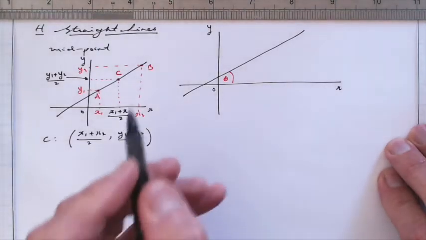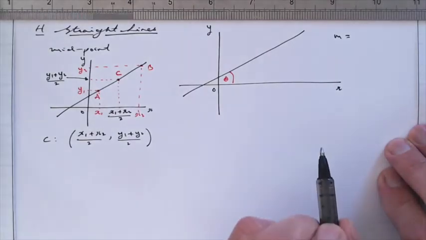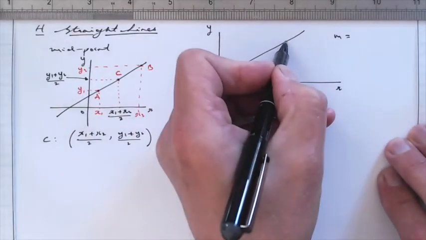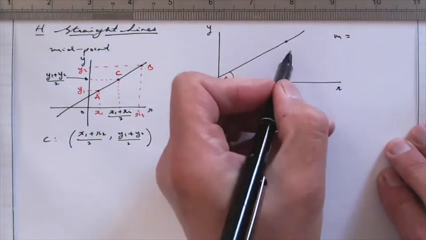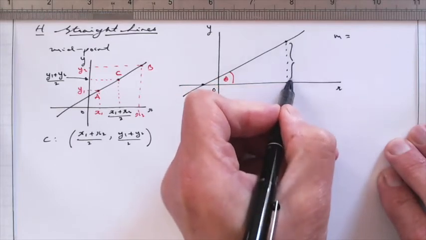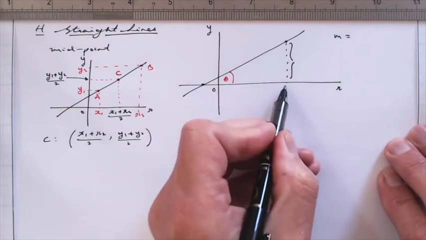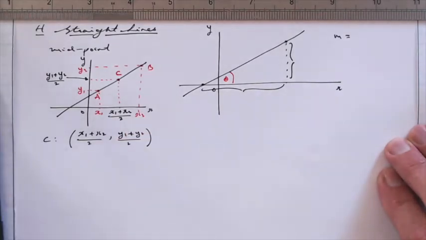Just as a reminder, the slope of a straight line is found by taking any 2 points. Let me just take this point here and this point here. And the slope is the difference in the y values, namely this distance here, divided by the difference in the x values between any 2 points on the straight line.